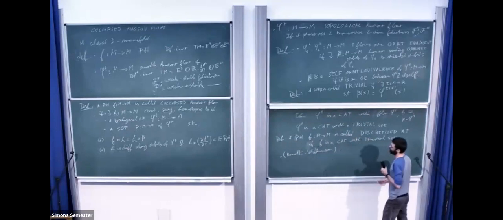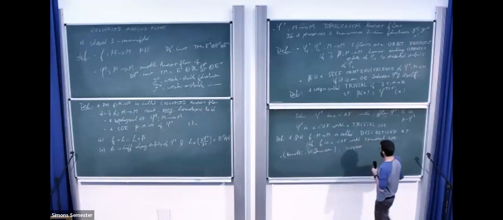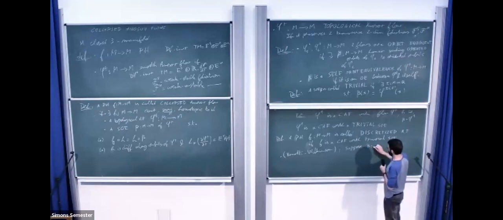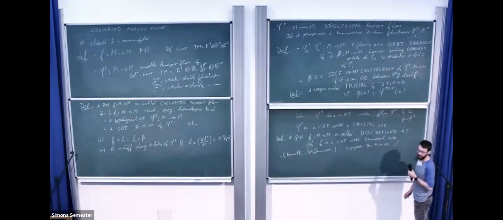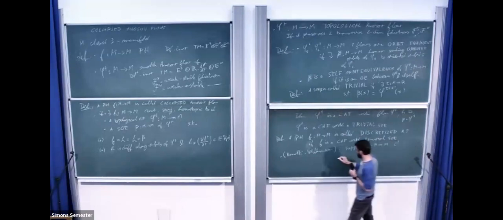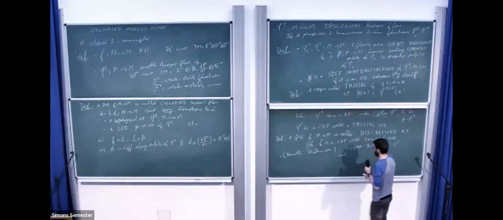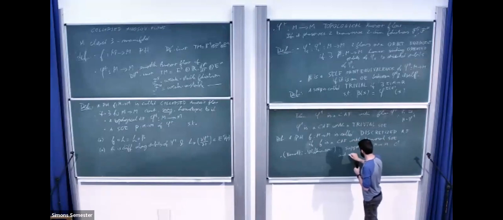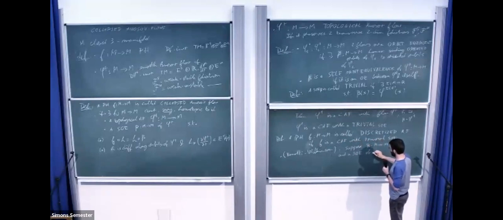So suppose you have beta that is a C1 self-orbit equivalence of an Anosov flow, a smooth Anosov flow.